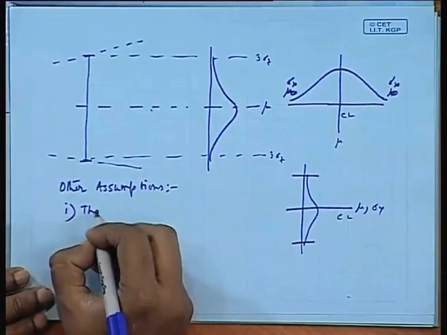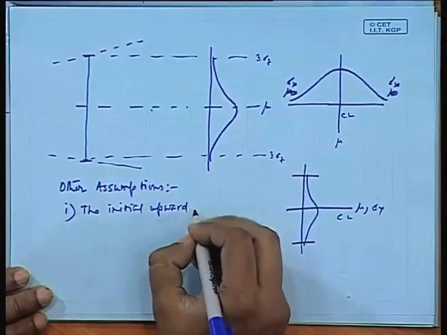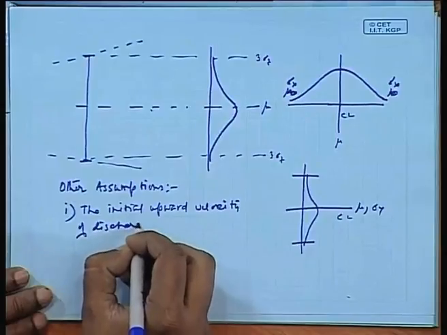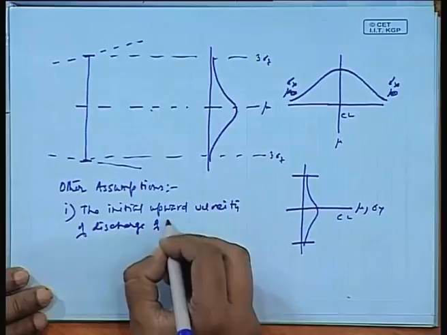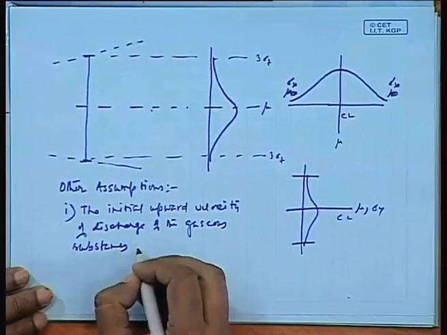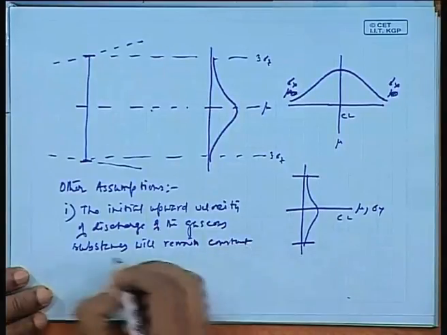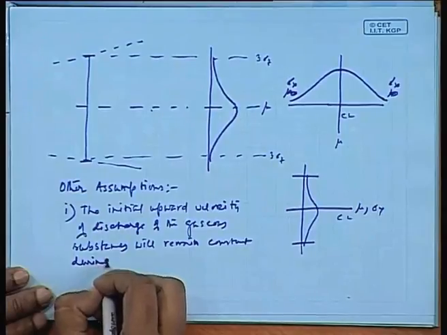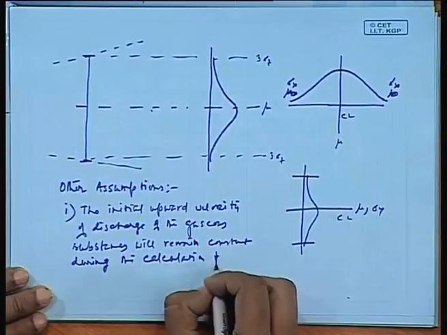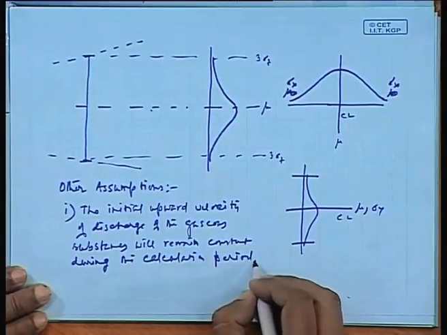The initial upward velocity of discharge of the gaseous substances will remain constant during the calculation period.